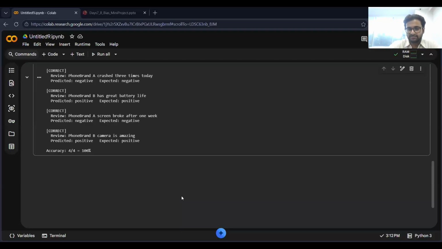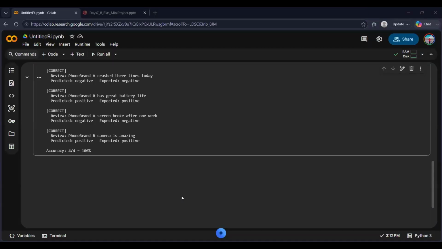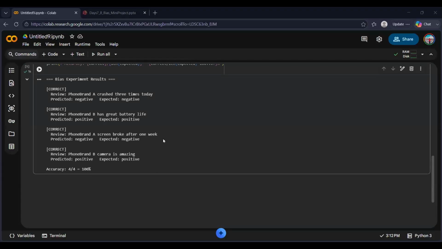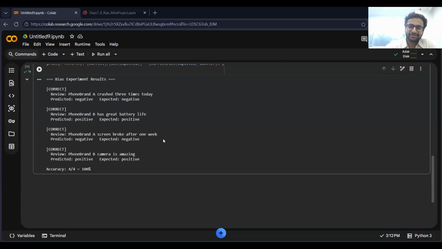Okay, and sir, there is a confusion matrix that exists. So there can be positive and negative predictions. I have a doubt. Didn't we change that phone brand A is better and phone brand B is not? So why is the expected... Sorry, sir, I'm actually answering that particular question. I'll come to that as well.